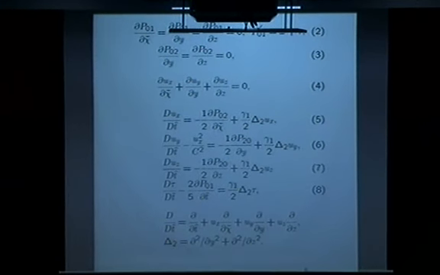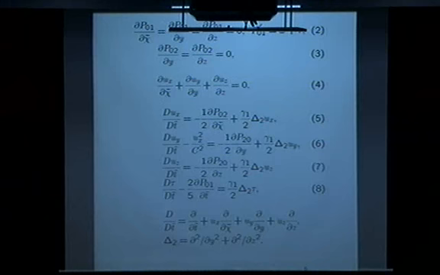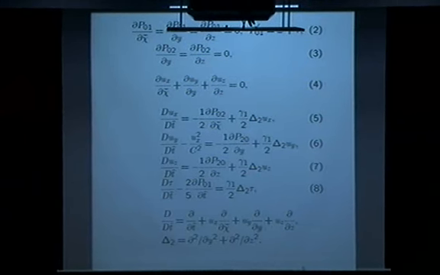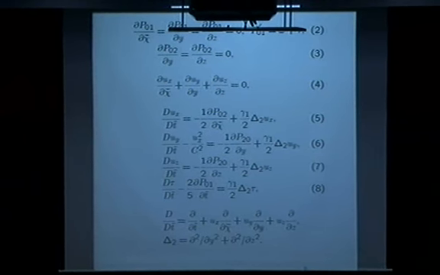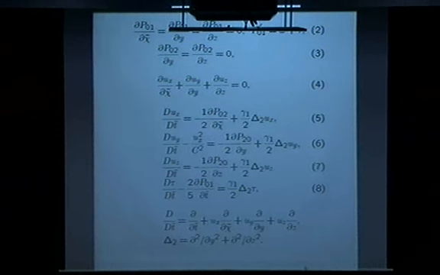The epsilon term of the pressure is this way, and this is a constant. And then the epsilon squared term of the pressure is independent of y and z.